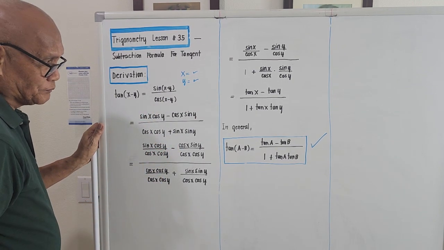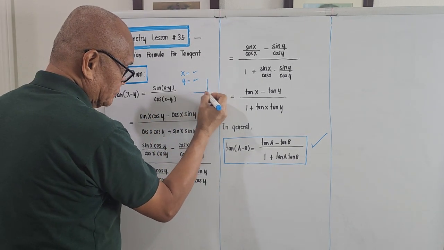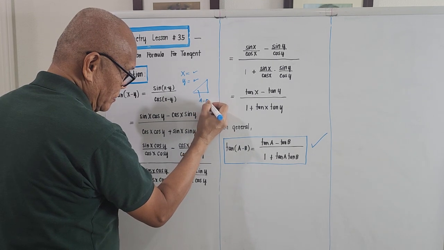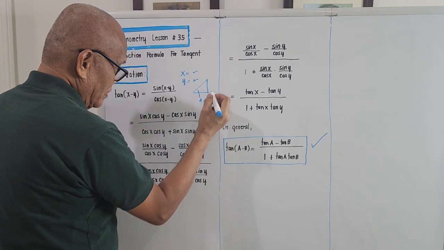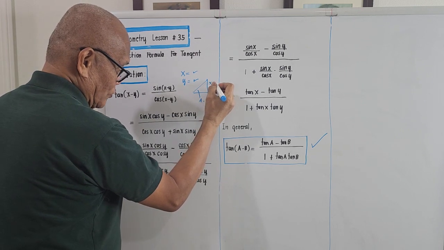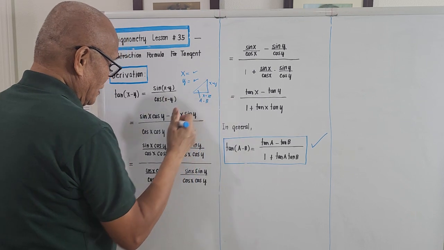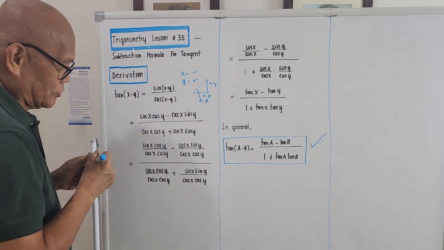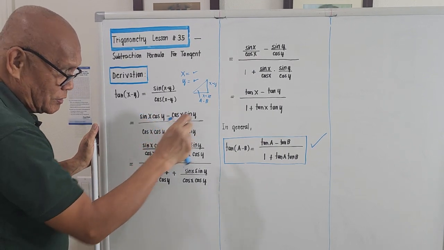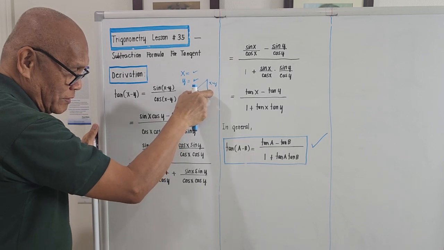What is tangent? Tangent is actually, by definition, sine over cosine, right?